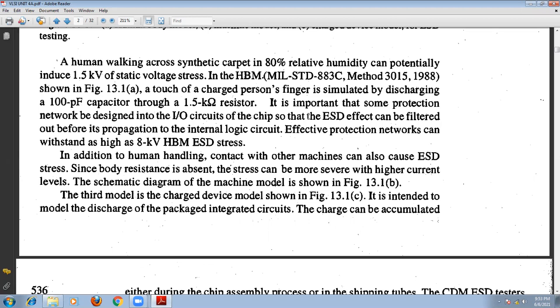A protection network can be designed into the IO circuits in order to protect the chip from electrostatic discharge. For example, if you design such a protection circuit in the IO circuits, what happens is that the protection circuit filters the noise or electrostatic discharge signal before it enters the internal circuit.